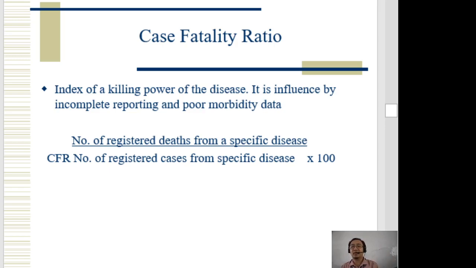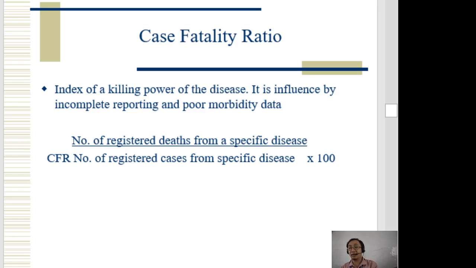Hospital documents usually will provide a higher case fatality ratio than the community, because the risk of dying in the hospital is really more severe compared to the community setting. Ibig sabihin kaya binabalik sa hospital pag malala na, pag fatal na, and it will be recorded there compared to the community.